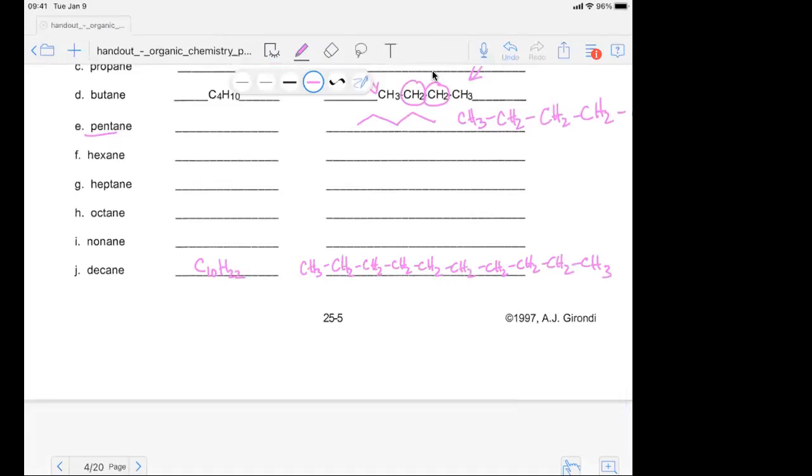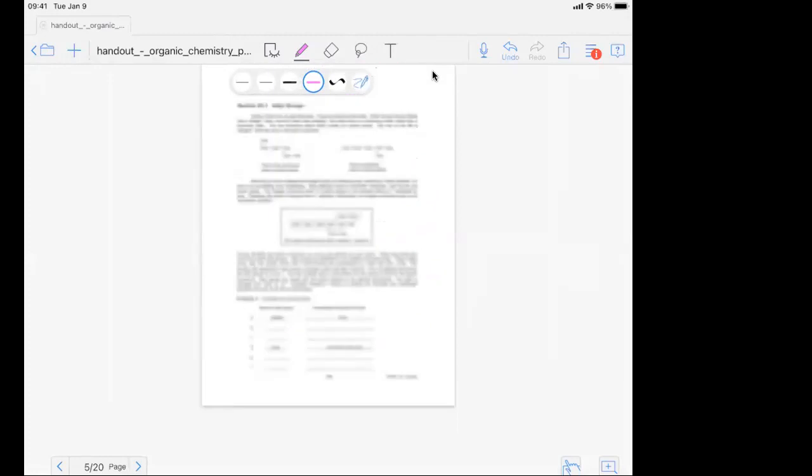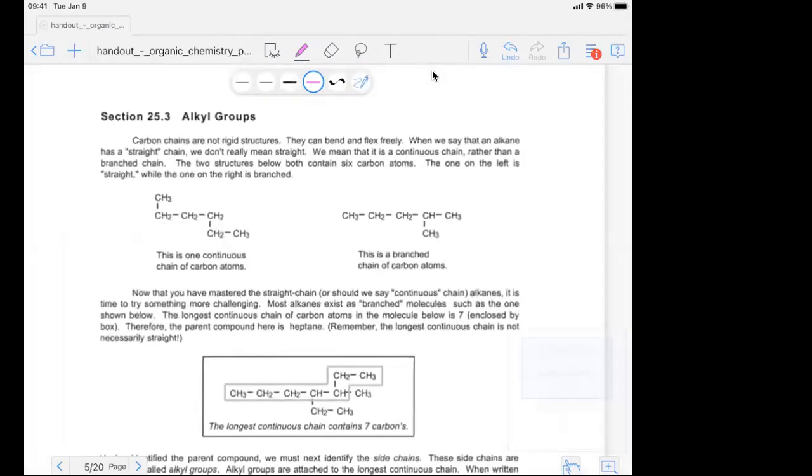Or I can start with 1, 2, 3, 4, 5, 6, 7, 8, 9, 10. That's also a decane. Of course, you don't want them to be curved. You want them to be pointy. So that's how you name them.